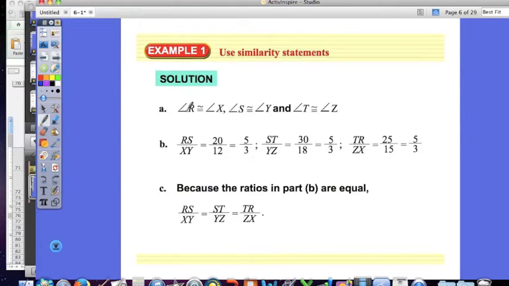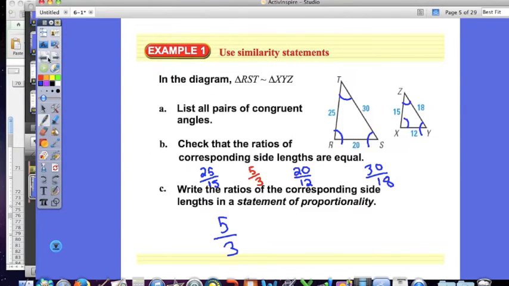So let's look at how they wanted this done. So we have the angles congruent. When they say the ratios in part B, they said in A, check your wording, in a statement of proportionality.